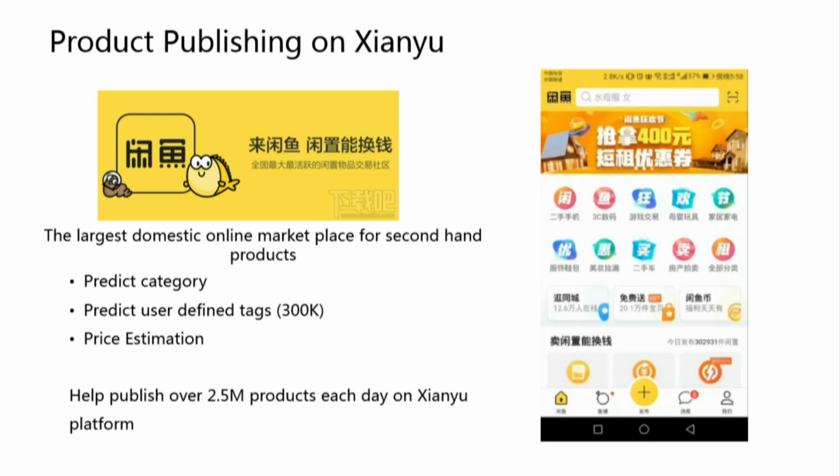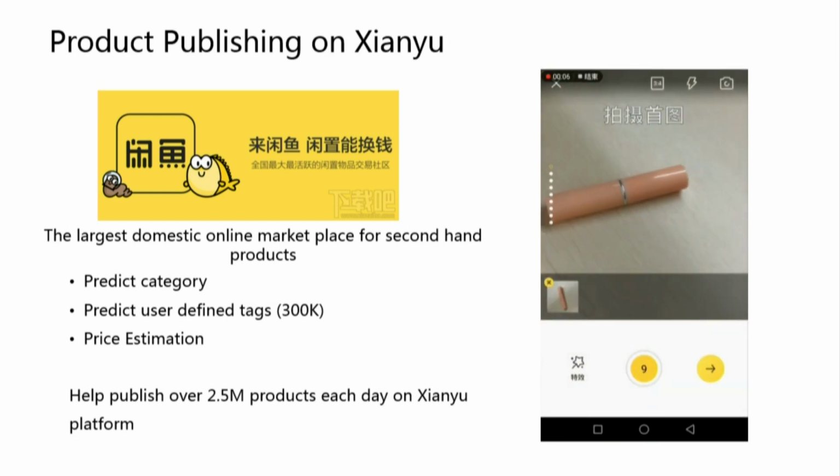In this particular application, image recognition technologies are widely used to help users publish a product. For example, we predict the category, we predict user-defined tags, and we can even do price estimation. And we also have a demo here.